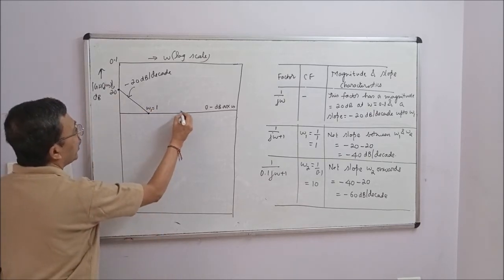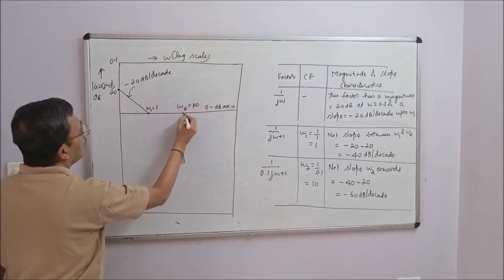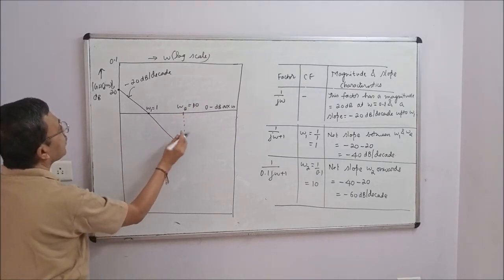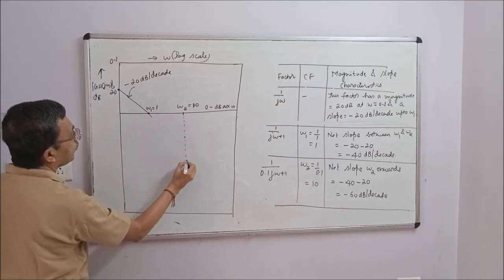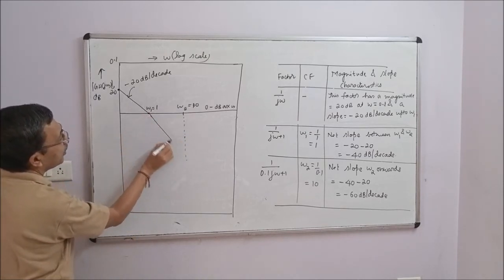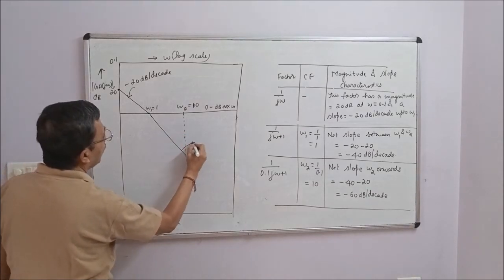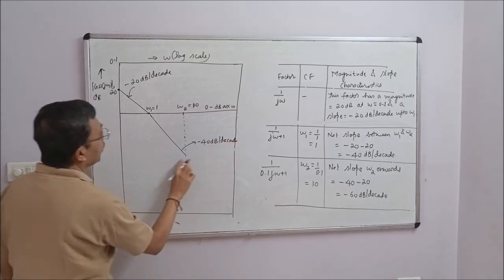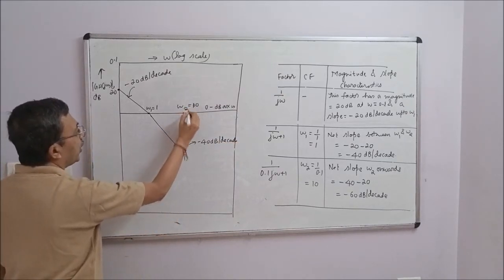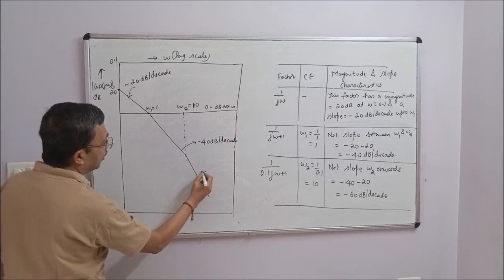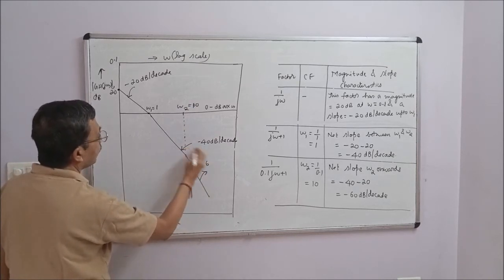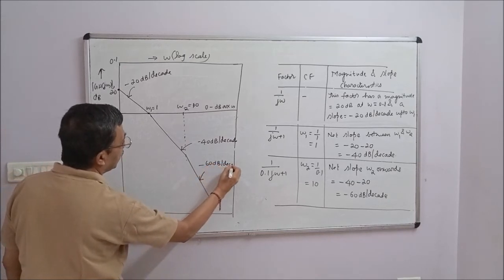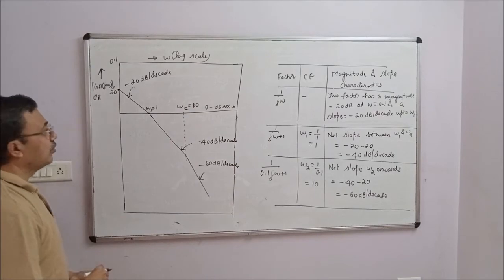Between omega 1 and omega 2, which is 10, the slope is minus 40. This is a line of slope equal to minus 40 decibels per decade. Beyond omega 2, the slope is minus 60 decibels per decade. This is the magnitude diagram.